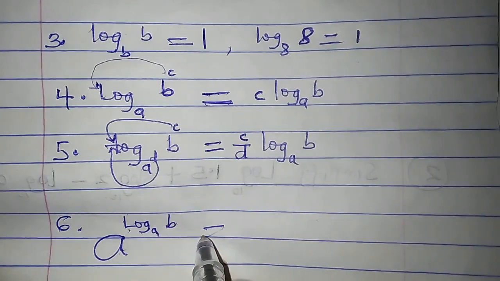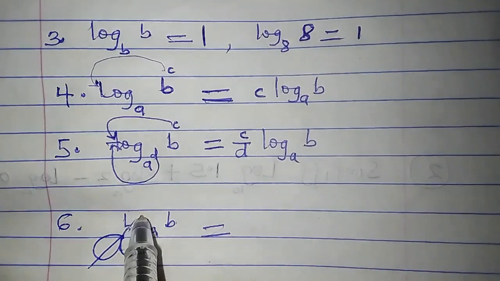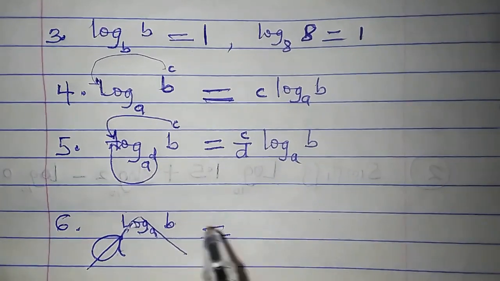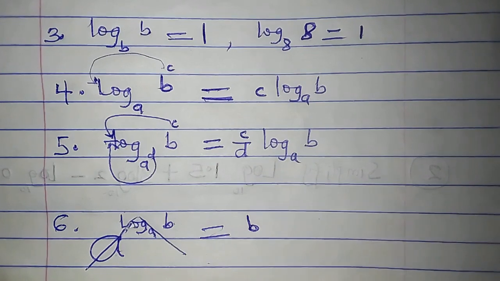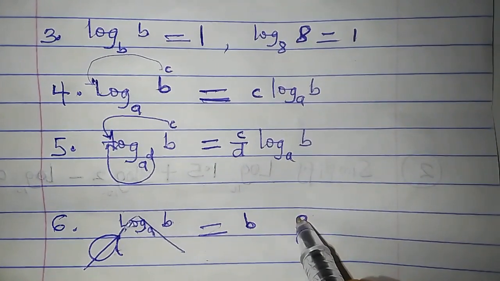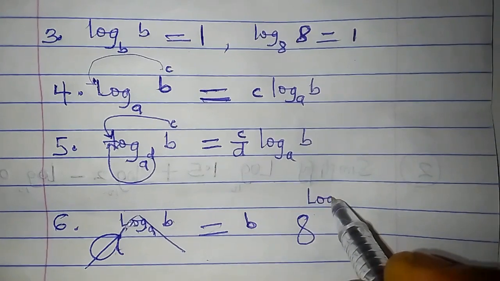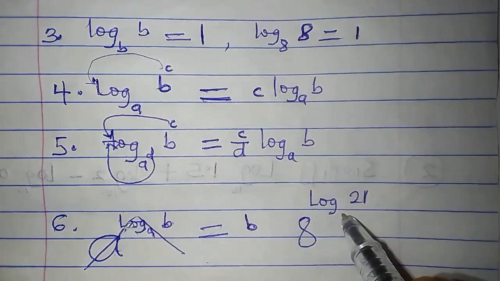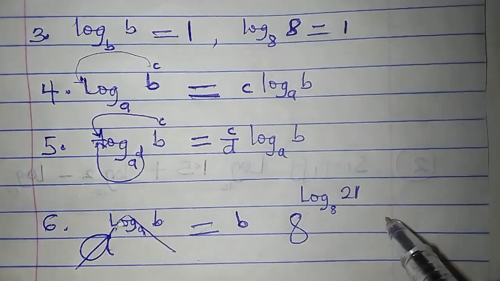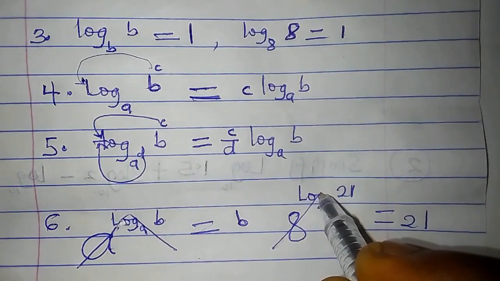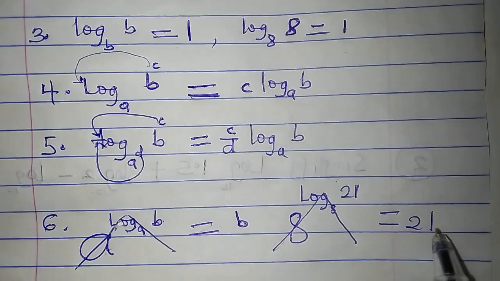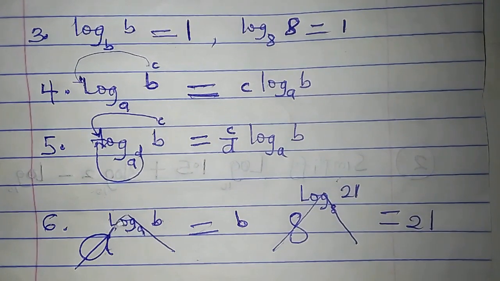The law of logarithm says that this will cancel out, leaving us with just the number b. So if I have, for example, 8 to the power of log 21 to base 8, the answer is equal to 21 because this 8 will cancel the log and the base, leaving us with what is left. This is the law of logarithm.